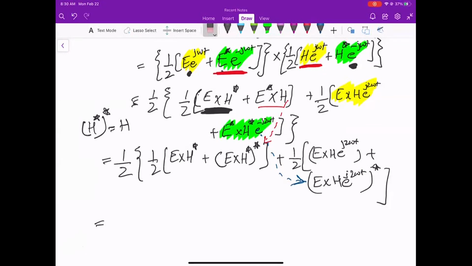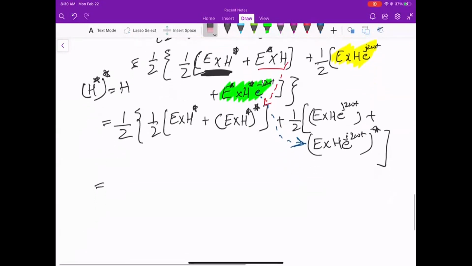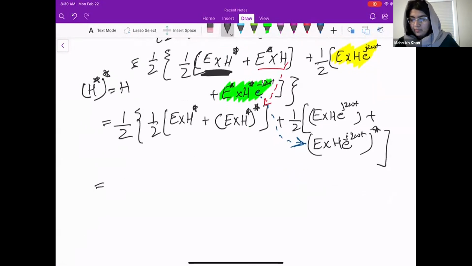So here, I don't know whether you did it in complex numbers or not, but if you have x plus jy, its conjugate is x minus jy, right? If this is your complex number z, and this is the complex number z star. Do you remember that?